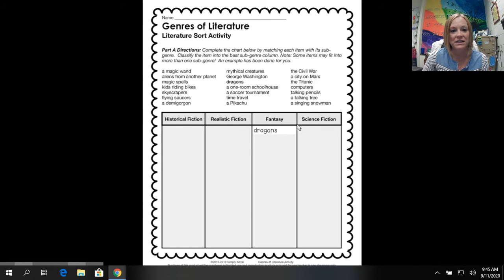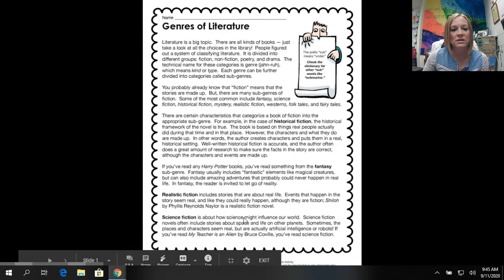Then we have science fiction. Science fiction would be things that deal with space, aliens, different things like that. Think about science and how it influences our world. Again, space, life on other planets, or aliens. There's an example on here: My Teacher Is an Alien would be an example of a book.